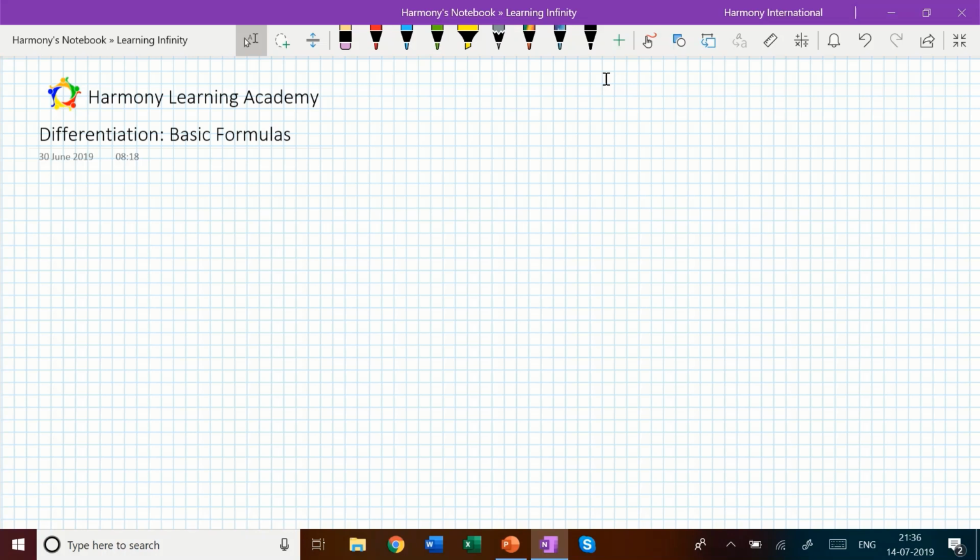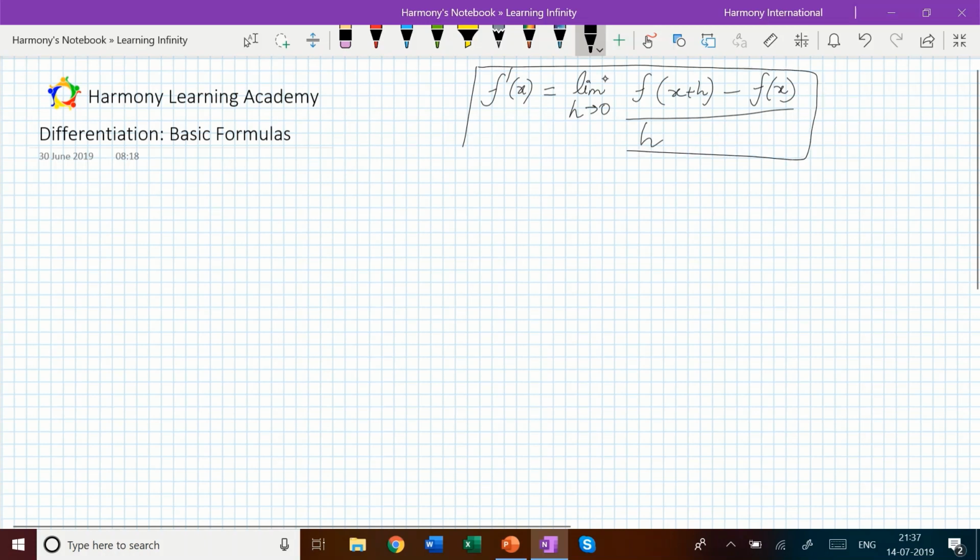From the previous video we know that f dash x equal to limit h tends to 0 f of x plus h minus f x by h. Okay, so first let us consider the function f x equal to x.